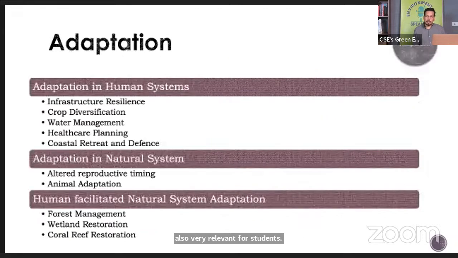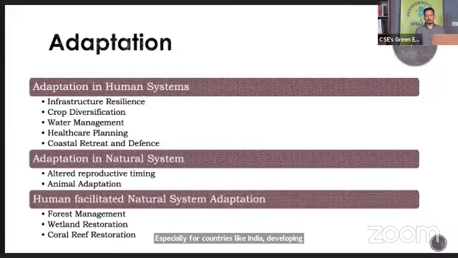So next is adaptation. Adaptation involves adjusting practices, processes, and structures to minimize harm from climate change. And it is important to stress while understanding and teaching adaptation that it is important, especially for countries like India, developing countries which are vulnerable.